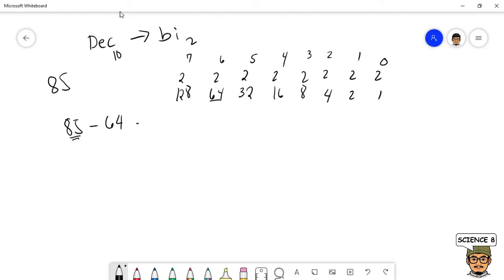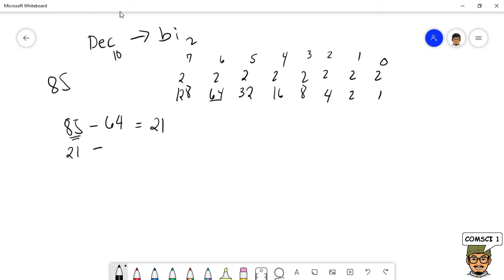85 minus 64 is 20. Let me get my calculator. I get 21. And then we use 21, subtract again an equal or lesser power of 2.